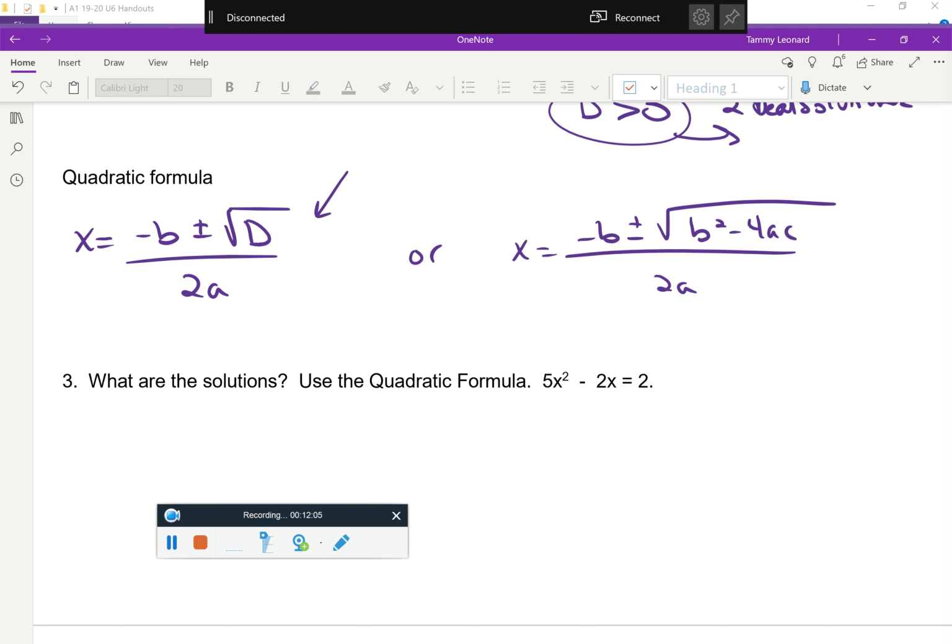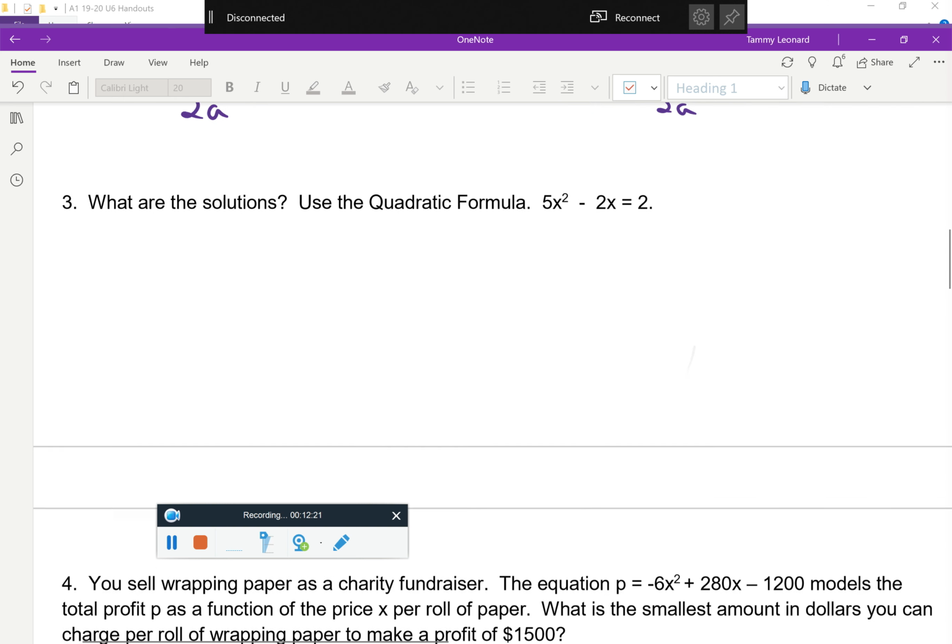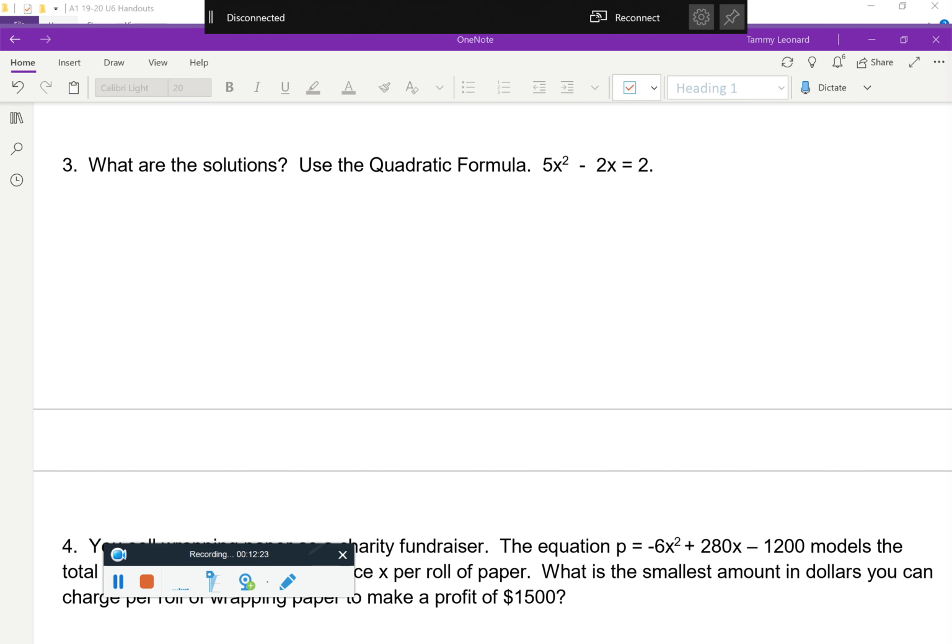And if you only put part of it under the radical, you get the wrong answer. So by calculating it first and then putting that number under the radical, we avoid that issue. Does that make sense? So my suggestion would be to learn the simpler version and be in the habit of calculating the discriminant first. So that's what I'm going to model for you in problem number 3.